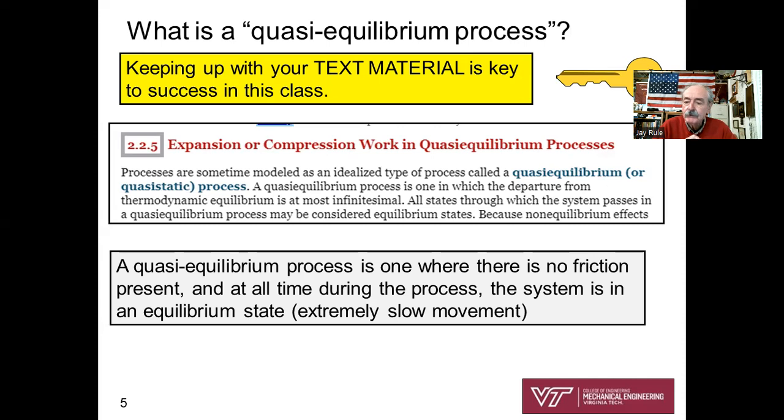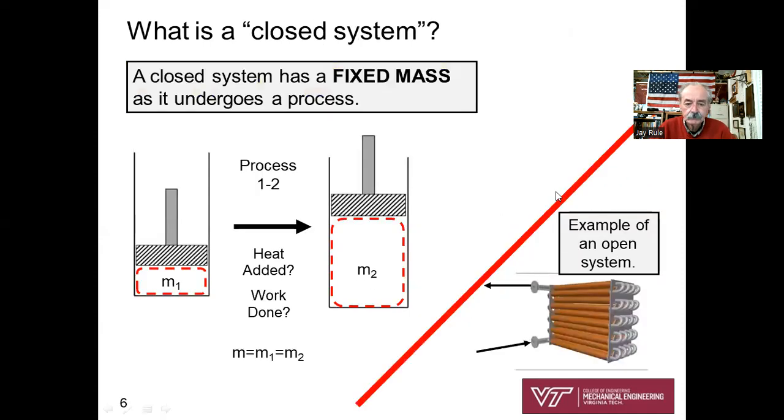And at all times during the process, the material within the system that you're defining is in an equilibrium state. In other words, a quasi-equilibrium process would be one in which there's slow movement of a closed system, not necessarily a rapid movement. Quasi-equilibrium process.